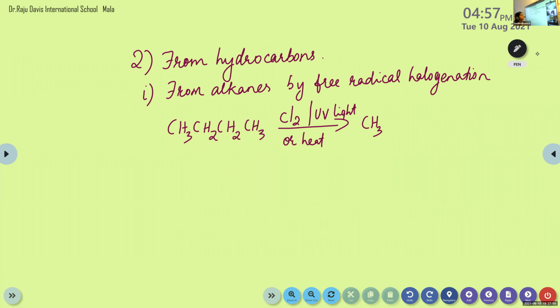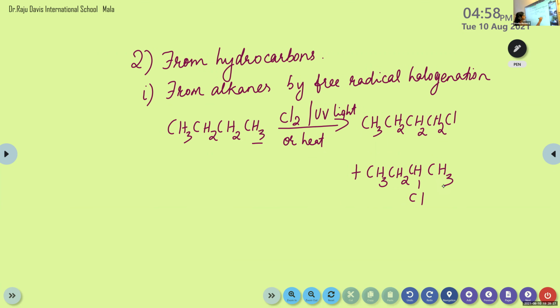That produced in large amount is considered major, and that produced in small amount is minor. So it is CH3CH2CH2CH2Cl. We just removed 1 hydrogen from the last CH3 and 1 chlorine is added. That's one product. Then another one, CH3CH2CHClCH3. Here the chlorine is in the second position.